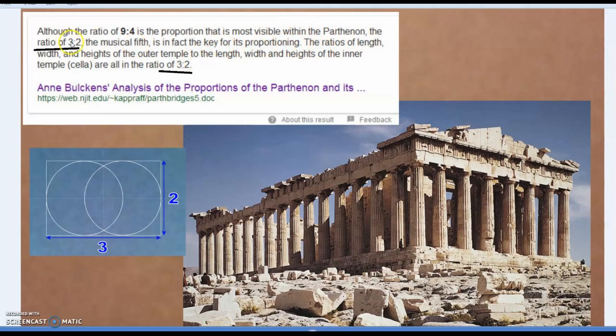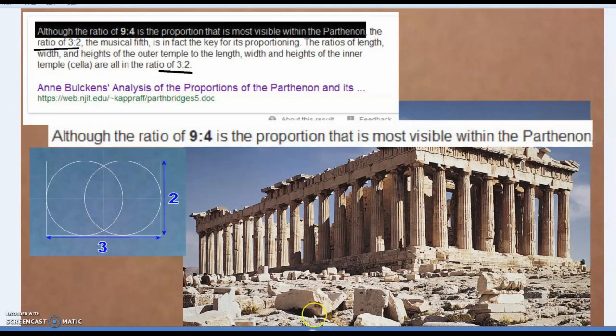So the ratio most visible within the Parthenon, the ratio of 2 to 3, the musical fifth. And again, I've dealt with that in a long video going through each of the features, areas, and it's just all over the place. But 3 to 2, again, like the vesica. Now, although the ratio is 9 to 4, okay, so 9 to 4 and a 2 to 3, but think about that 9 to 4.